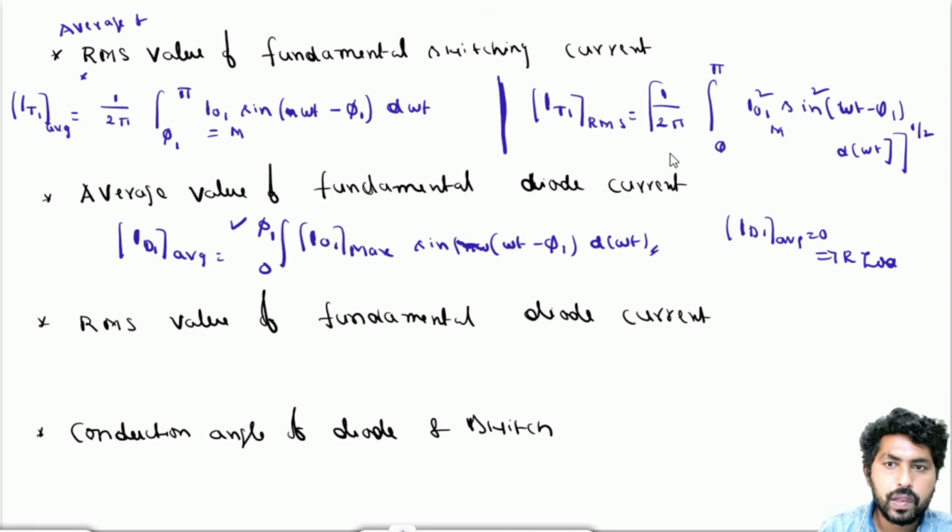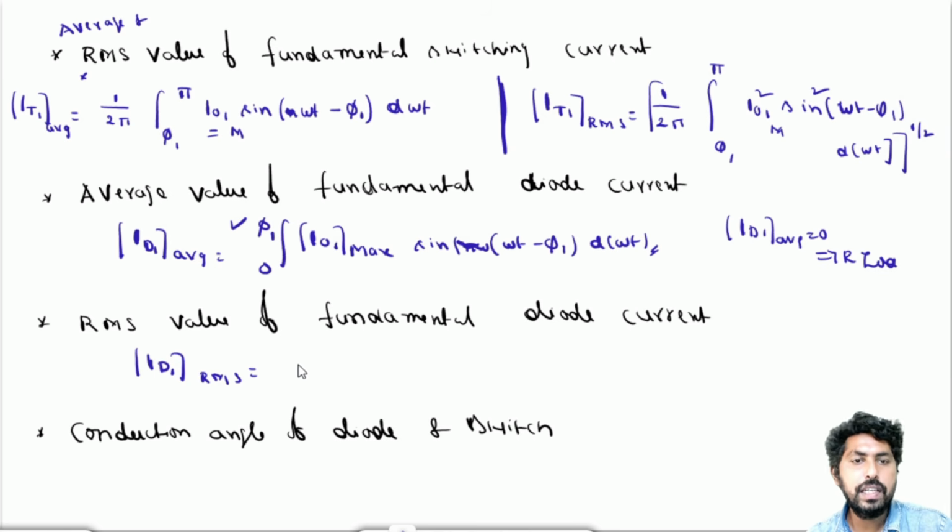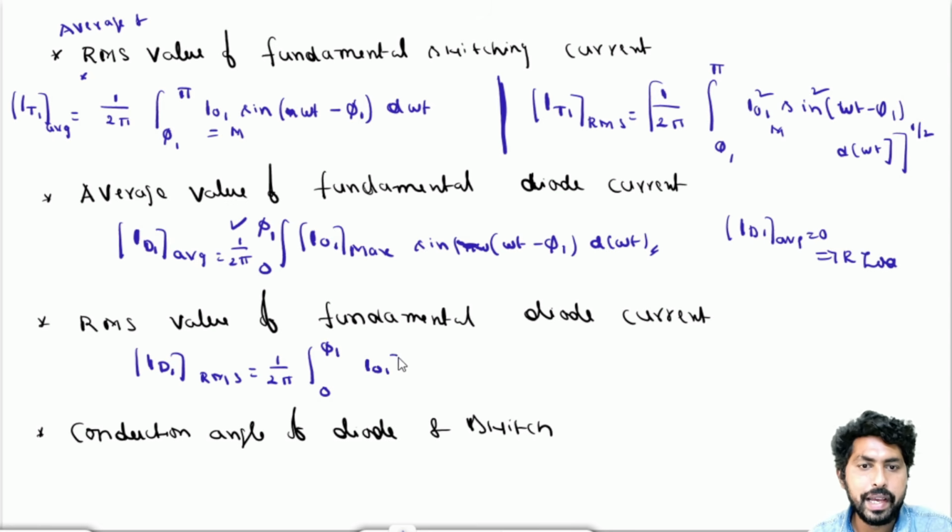The RMS value, ID1 RMS, is 1 by 2 pi into the integration from 0 to phi 1 of I naught 1 max into sine (omega t minus phi 1), whole square, into d omega t, whole power 1 by 2.